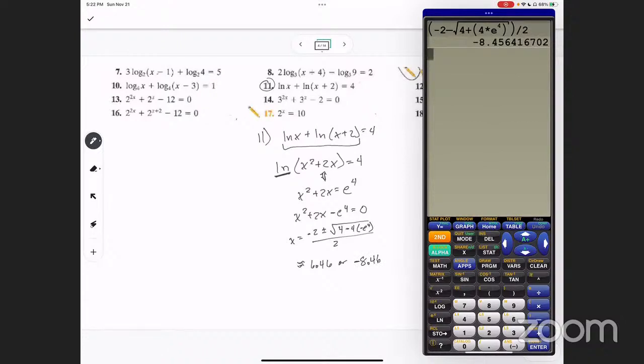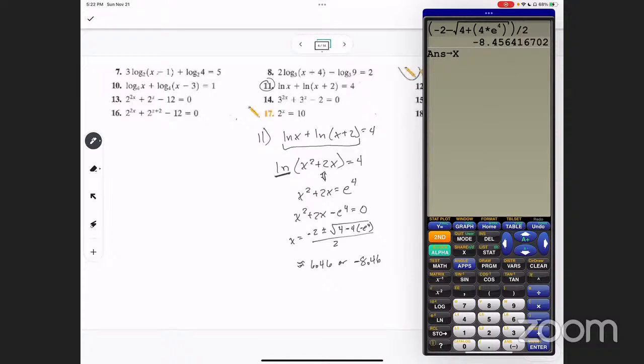Now, have I explained to you how you can check that answer? You just substitute it back in. Do you know how to do it on your calculator with the store button? No? So what I just hit was store, which is the button above the question mark on the lower left-hand corner there, the STO with an arrow.